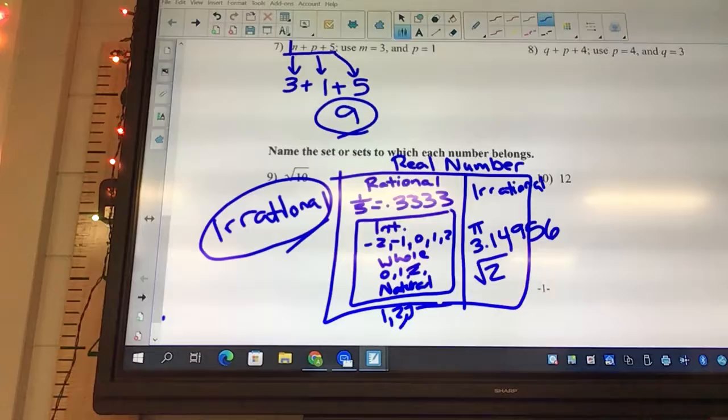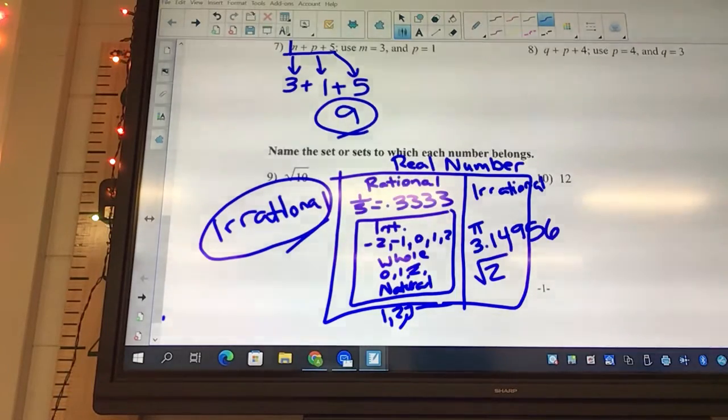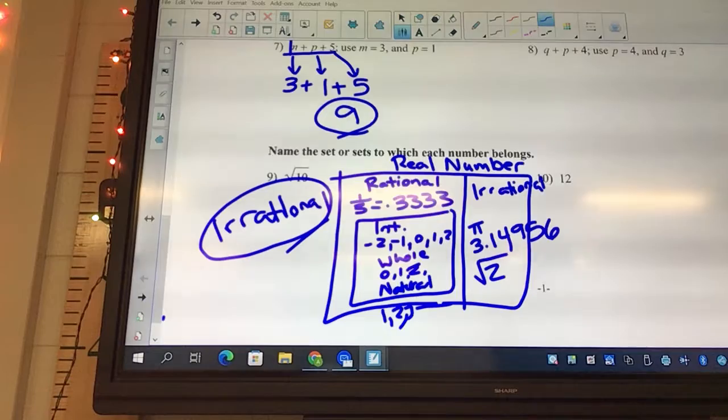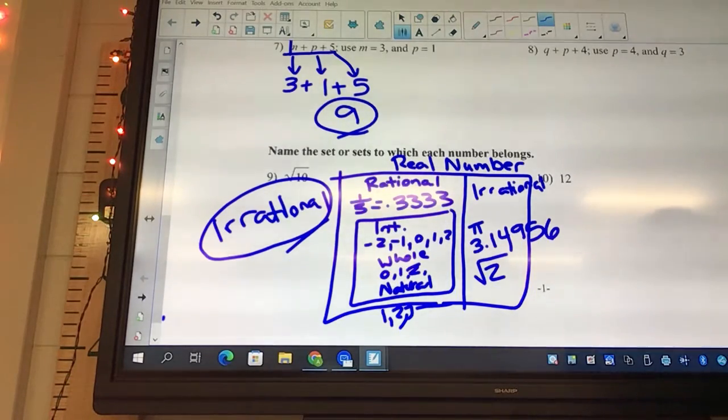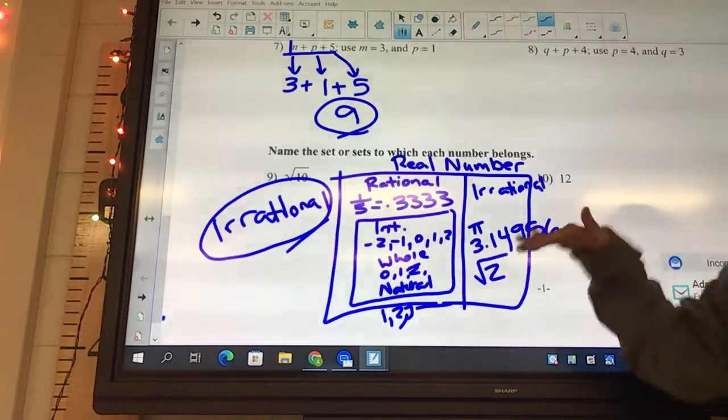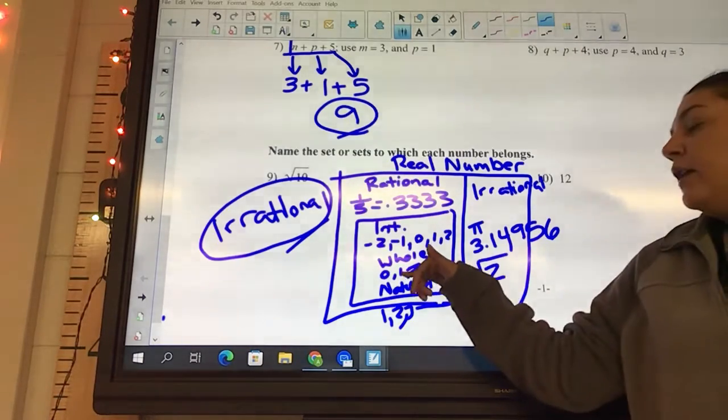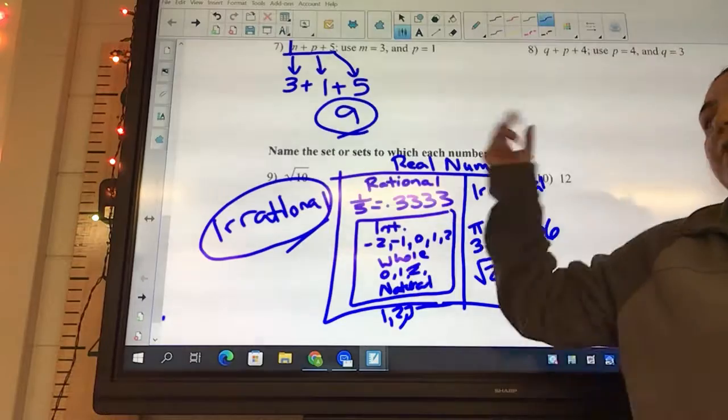Okay, what if my number was -6? What kind of number is that? Okay, so it would be a rational and an integer. What if my number was 0? It'd be whole, integer, rational. Remember, we start from the inside of that chart, and once we say yes, everything above is a yes.